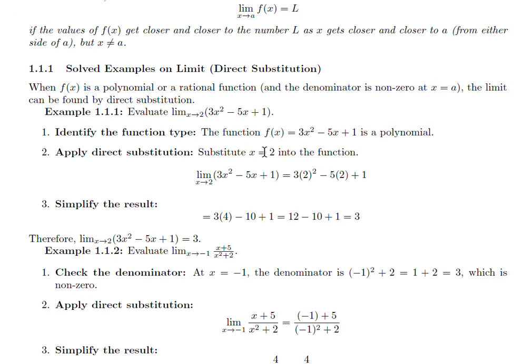In this case, a is 2, x is approaching 2, so we'll plug it in directly. We call that step direct substitution. That's the first step for solving any problem involving limits.